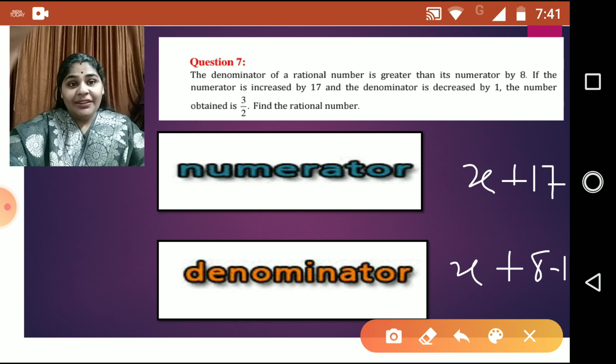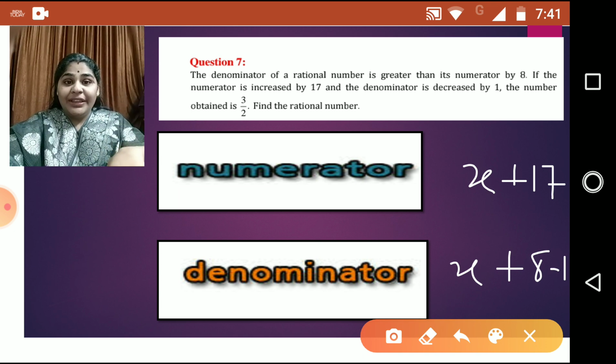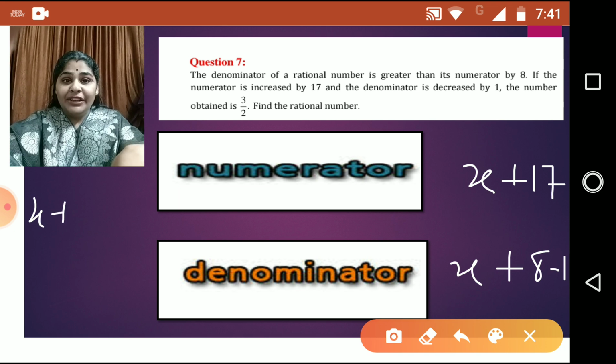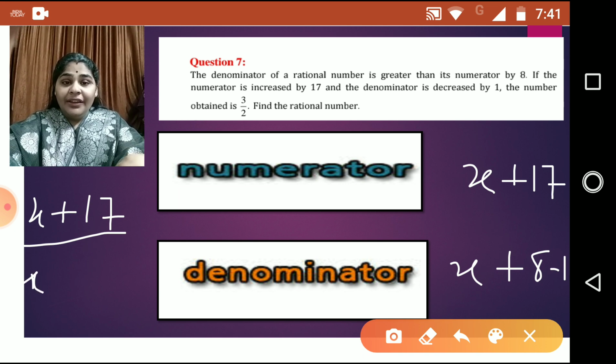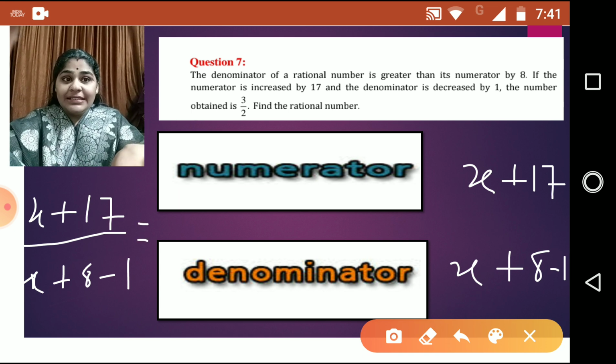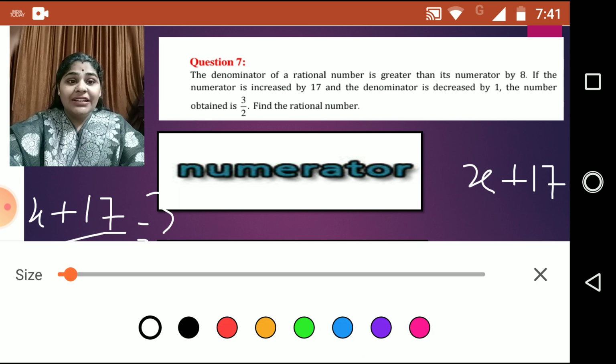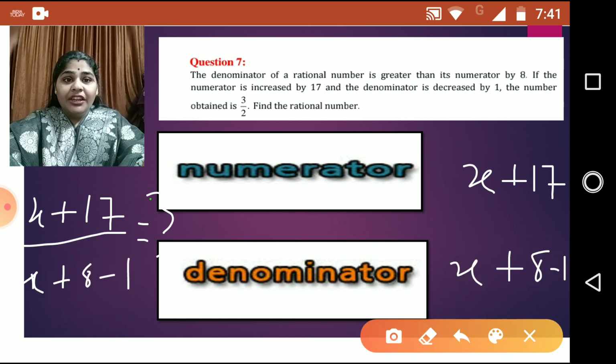Number obtained is equal to 3 upon 2. So can I write here once again? Numerator will be x plus 17 whole divided by denominator we have calculated x plus 8 minus 1, which is equal to 3 upon 2.